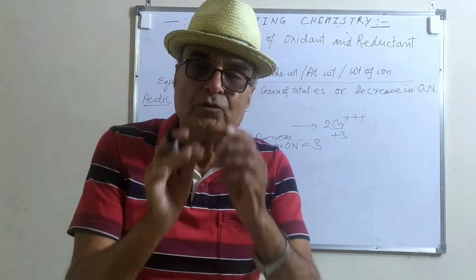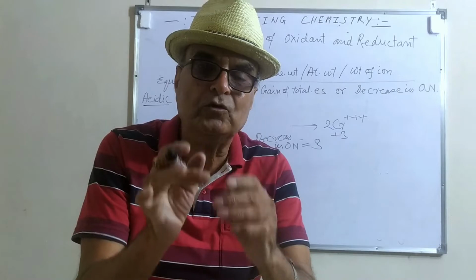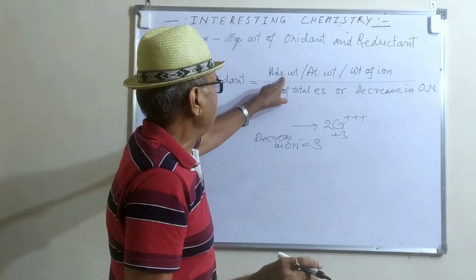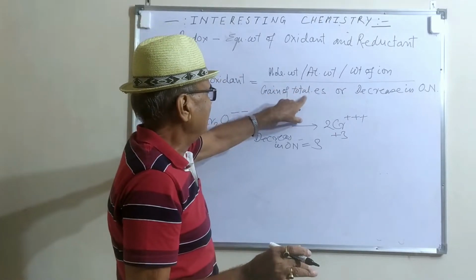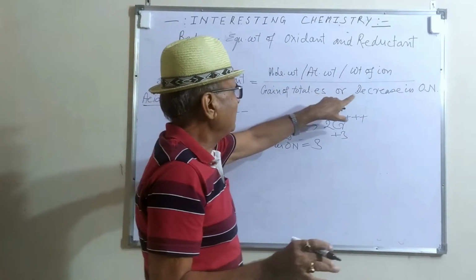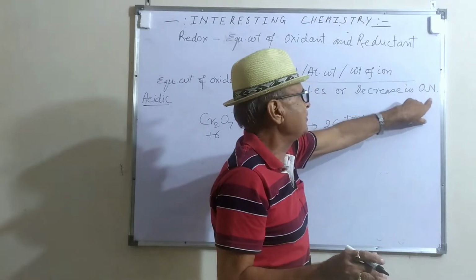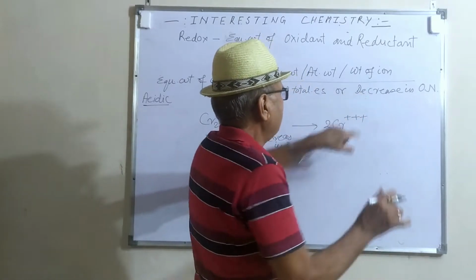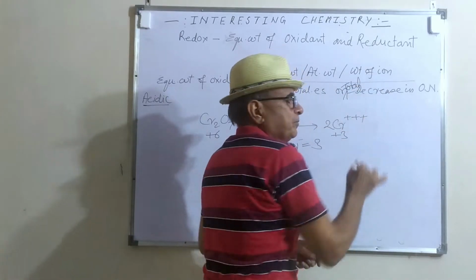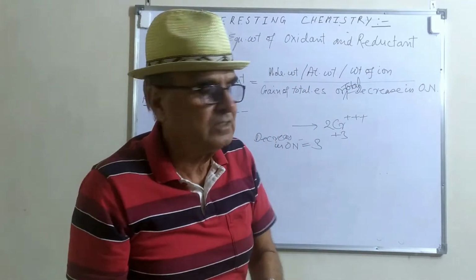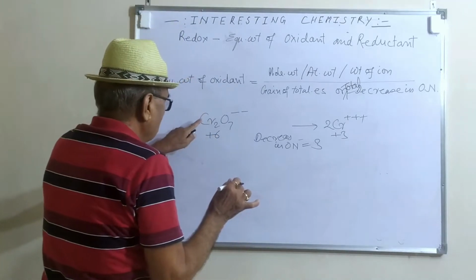Now you should divide the molecular weight of the potassium dichromate by the total decrease in oxidation number. Here, total decrease, and I stressed the word total in my previous video.